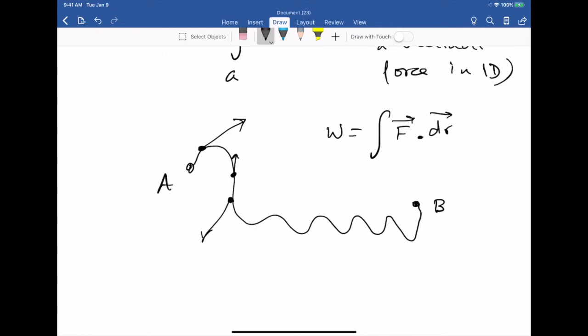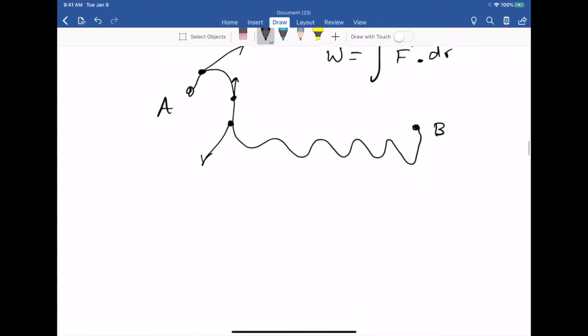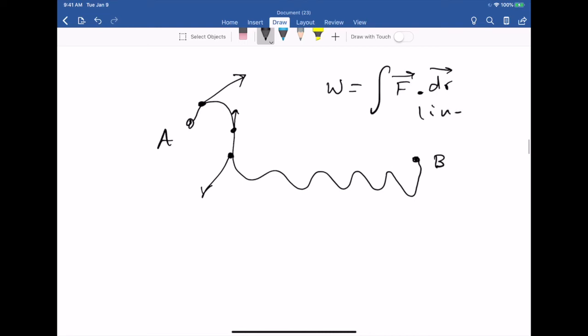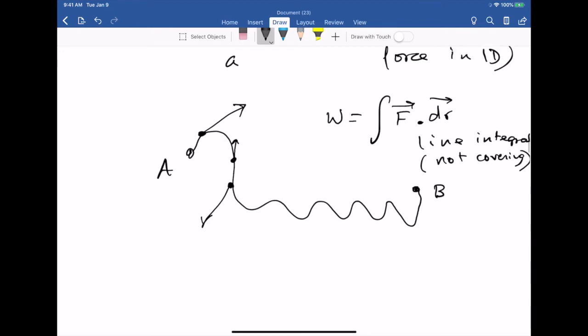It's not going to be that important in this course. So this is called a line integral, and we are not covering it. Okay, so that is how you calculate the work done by a variable force when the object is not moving in a straight line.